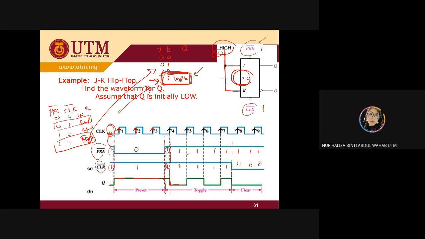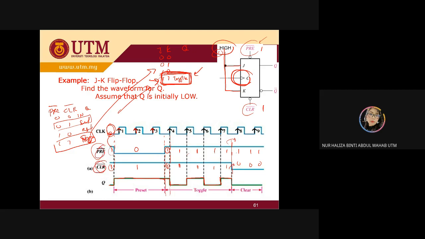At my next clock, I'm going to toggle again. My next clock, toggle again. My next clock, toggle again. So until here only, because after that I can see the changed value at my pre and clear.